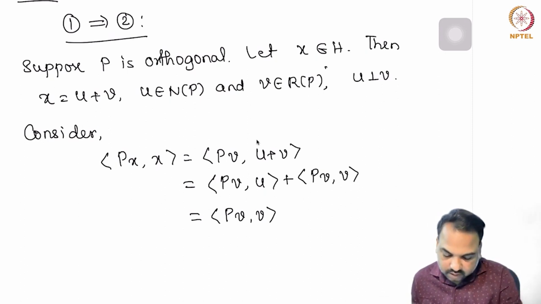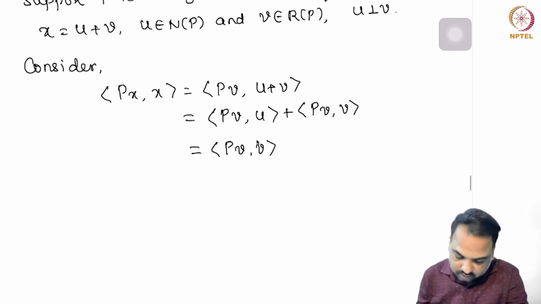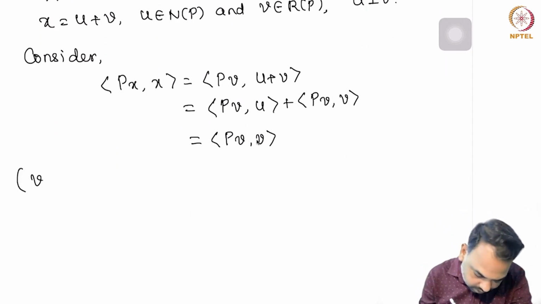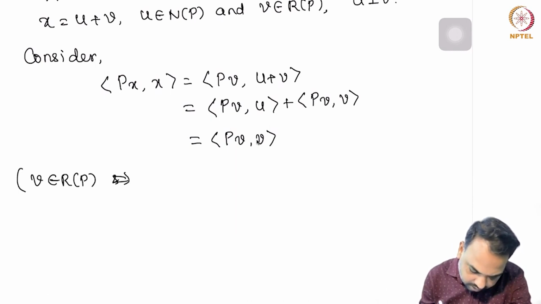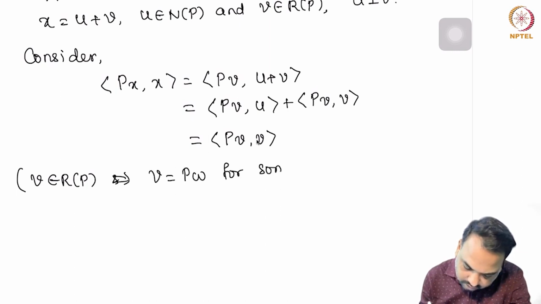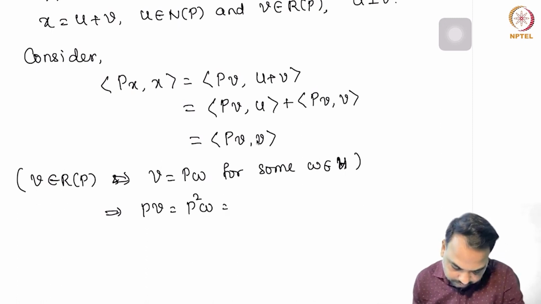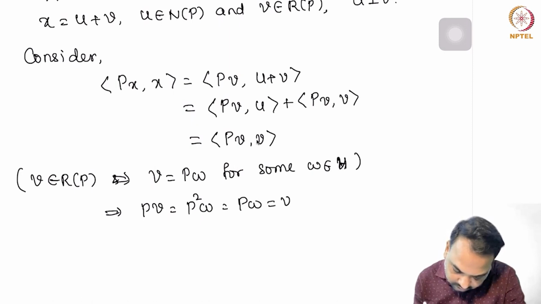Now whenever we have an element in the range of P, then we can say that Pv equals v. So v is in the range of P implies v equals Pw for some w in H. So this implies Pv is P square of w, but P square is P, so this is Pw, that is v.